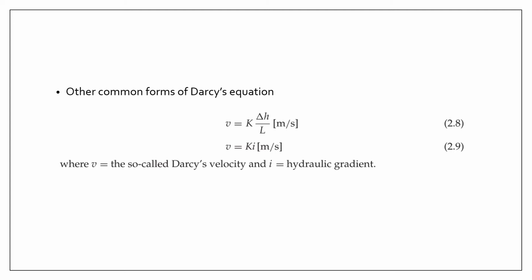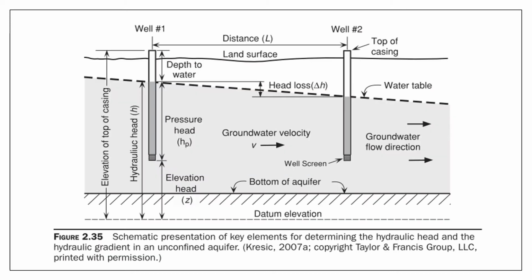You have V, or Darcy velocity, equal to hydraulic conductivity K multiplied by hydraulic gradient I. This is a schematic showing the elements involved in Darcy's equation.